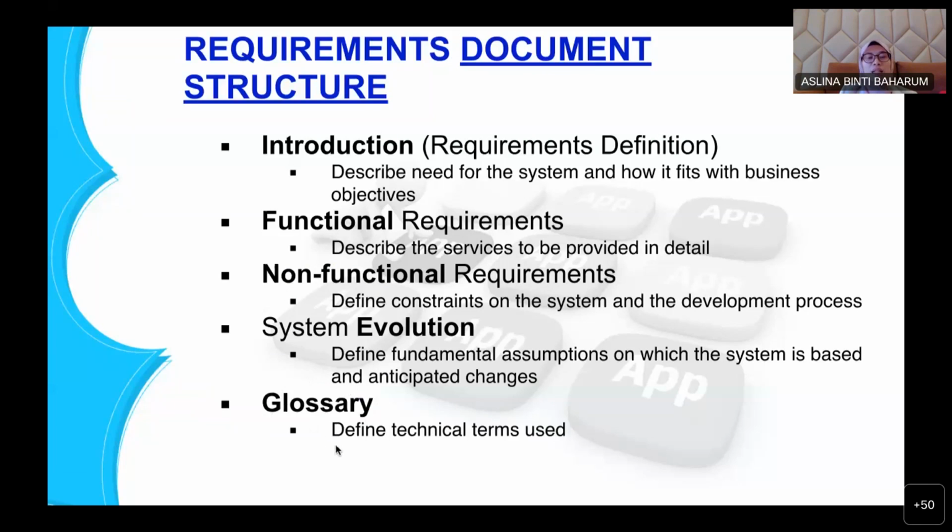Okay, the glossary defines technical terms. Some of the terms users might not understand, so you need to have a glossary. What does this one refer to? Who do end users refer to? Something like that. Okay.